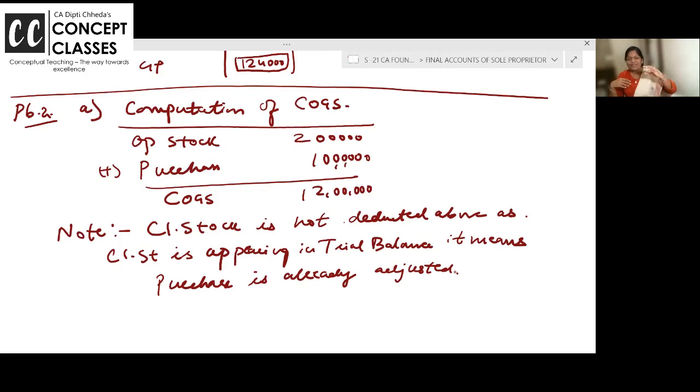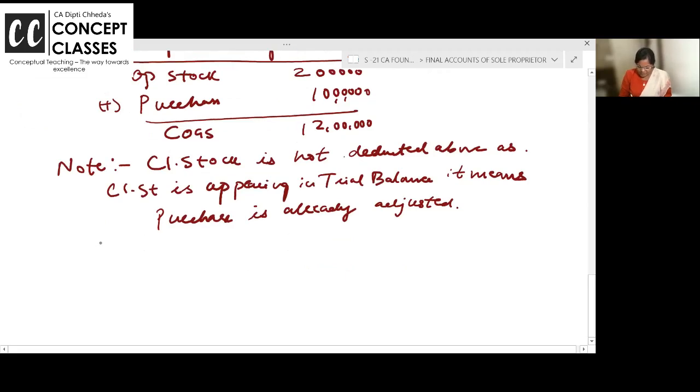You can say, ma'am, just now you said opening plus purchase minus closing, but because closing stock is appearing in the trial balance, it means the effect is already given, purchase is already adjusted. Following entry is already passed. I hope you all are getting it.